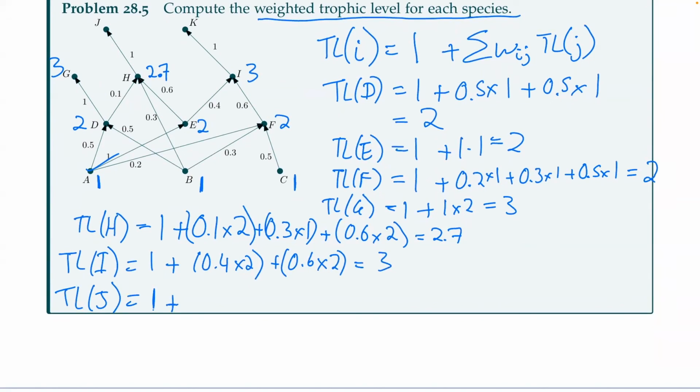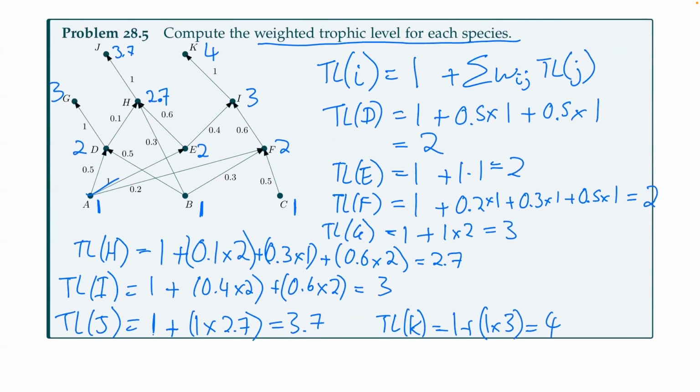So we have 1 plus, it gets all of its diet, 100% from H. H is trophic level 2.7. So J is 3.7. And then last but not least, K. It gets 100% of its diet from I. I has trophic level 3. So K has weighted trophic level 4.